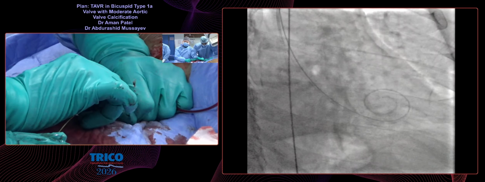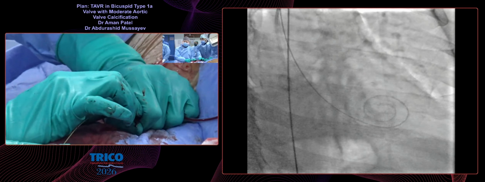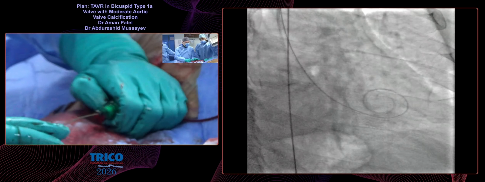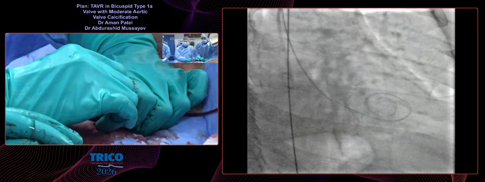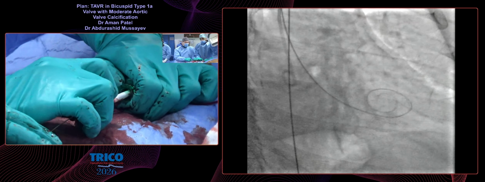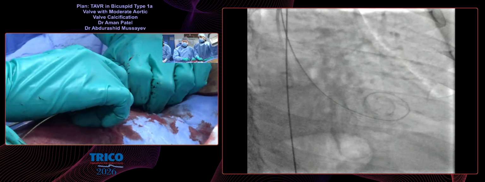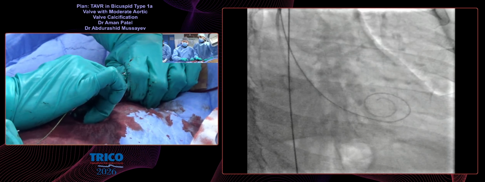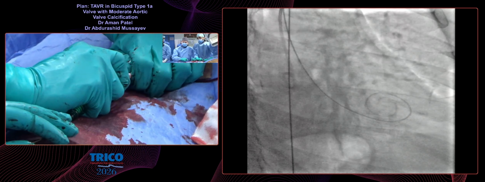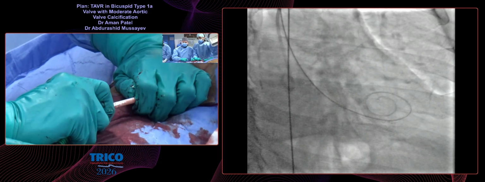Normally we go with 18 French only. Okay, remove. The 18 should accommodate a 29 valve easily, right? Yes, it is much easier to cross with a valve. My fluoroscopy is constantly on because we have one eye on the wire. Professor Abdurashid is fixing the wire and I am pulling out the dilator.